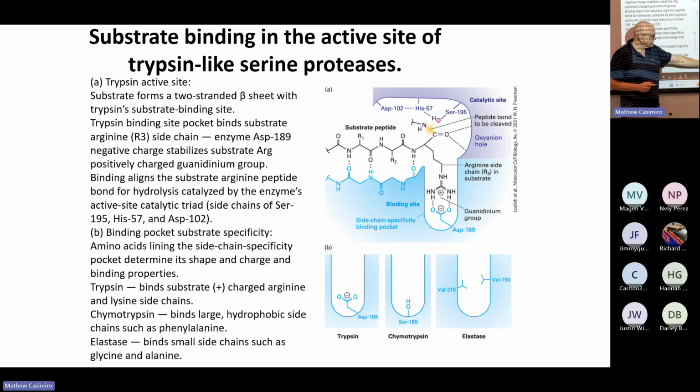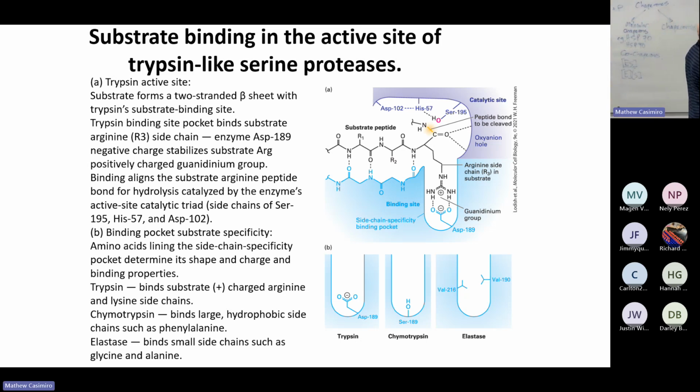So in chymotrypsin, only really non-polar amino acids are able to fit into this pocket, right? So it cleaves primarily at amino acids that are big and non-polar, like tryptophan, right? Tyrosine, phenylalanine.